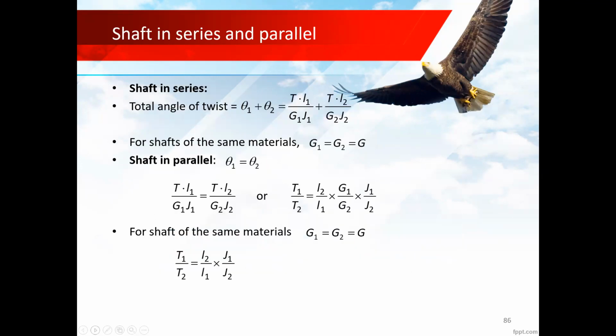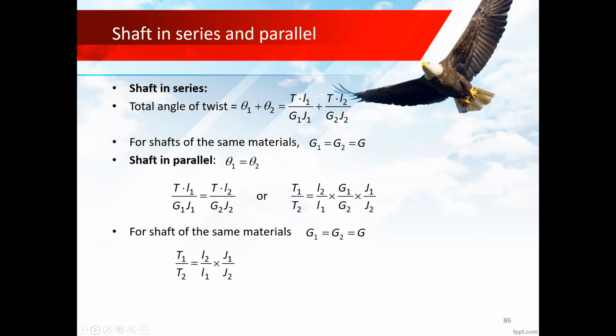For shafts in series, the total angle of twist is theta 1 plus theta 2, which is T L1 over G1 J1 plus T L2 over G2 J2. The constant here is the torque. For shafts of the same material, G1 is equal to G2 is equal to G. For shafts in parallel, theta 1 is equal to theta 2, so the torque is not the same.